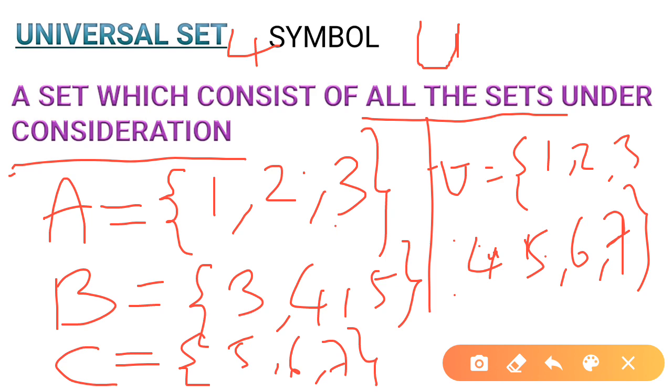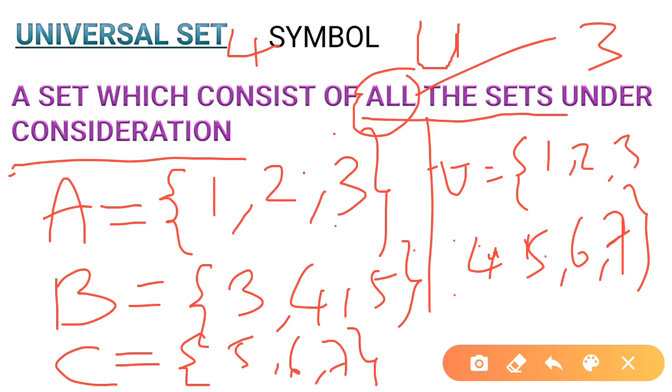So most important, the universal set is a set which consists of all the sets. I'm taking here three sets, all means here three sets. Whatever elements are in the three sets, you should write in the big set, that is called the universal set. So this is a universal set.